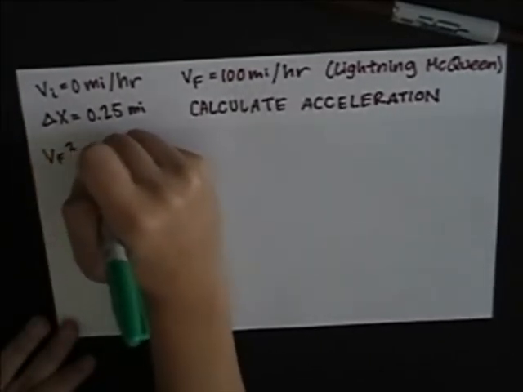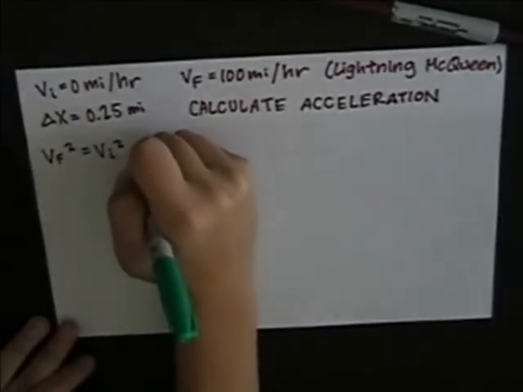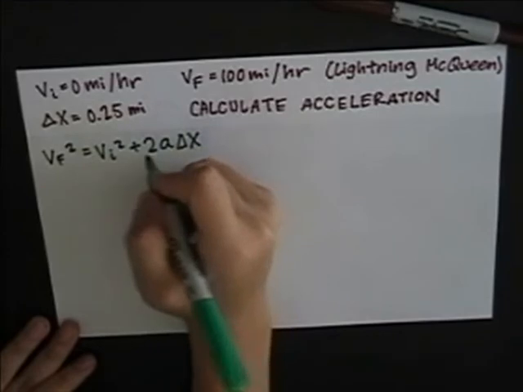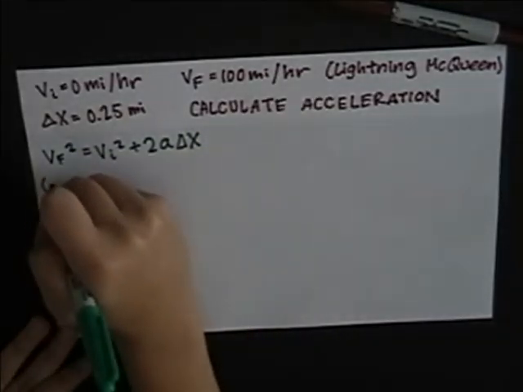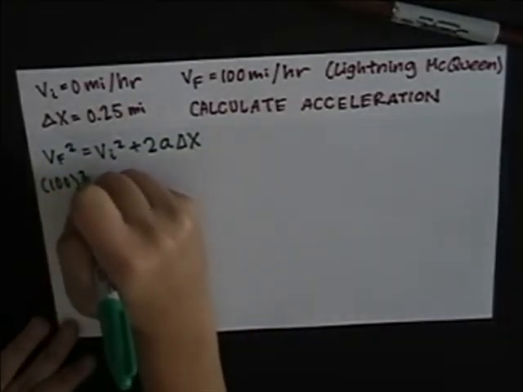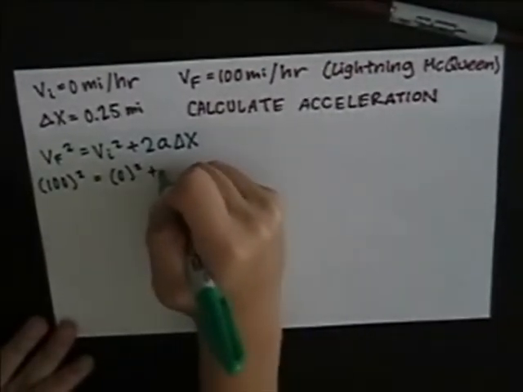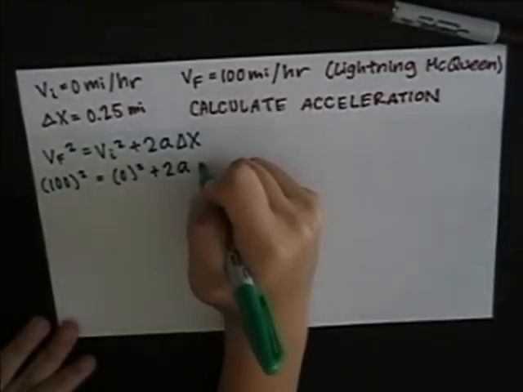Begin with the equation V final squared equals V initial squared plus 2a times delta x. Plug in your known variables so that 100 squared equals 0 squared plus 2 times acceleration times 0.25.